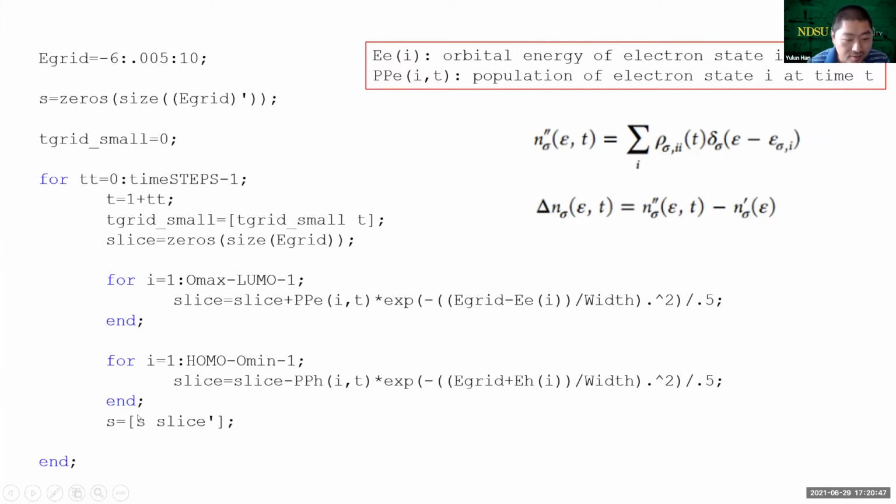Then you put an S in front of it, which means you put them together, so concatenate. So slice prime is the column, one-dimensional data, and S is a matrix. Each time this line S equals S slice is executed, the matrix grows and gets one column more. Initially it's 1, then 2, then 3, and then it becomes a big matrix where each column corresponds to a certain time step.